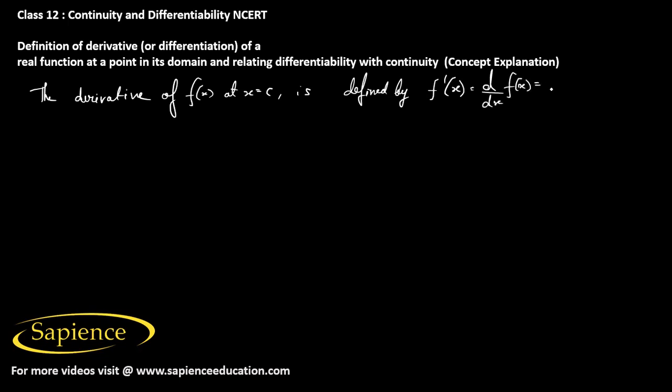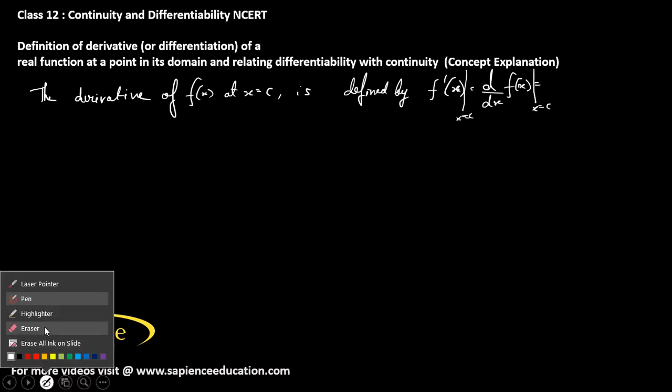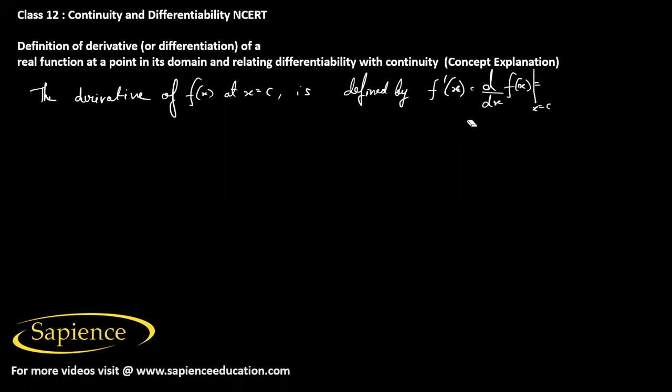So f dash x at x equal to c, or d by dx of f of x at x equal to c, we can write this as f dash c actually, which is d by dx of f of x at x equal to c, that is equal to limit h tends to 0 of f of c plus h minus f of c by h.